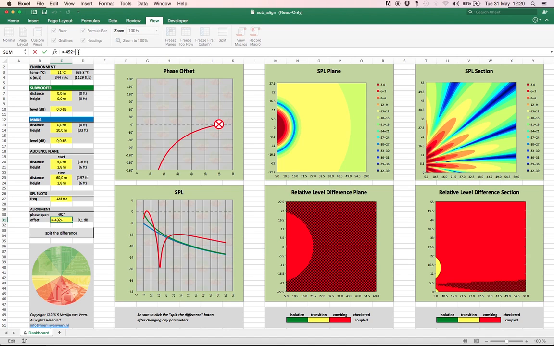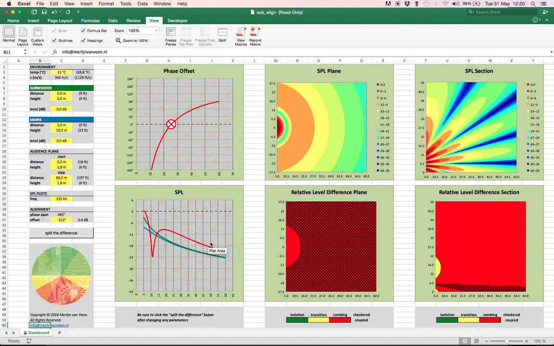However, should we decide to move to the front, we get to cover maybe a larger portion of the audience in exchange for some tonal variance.